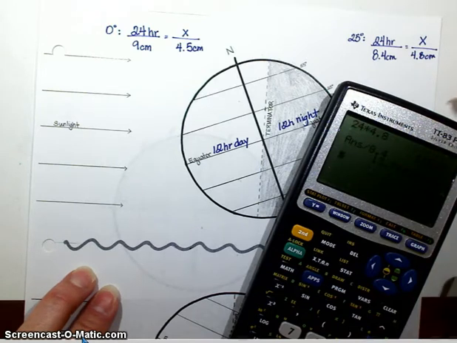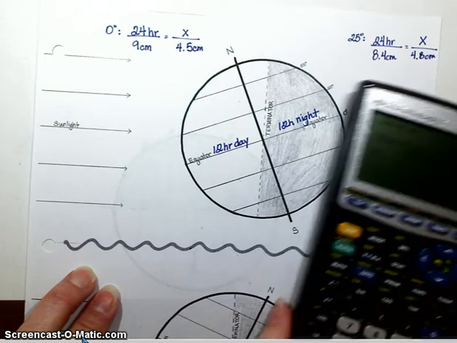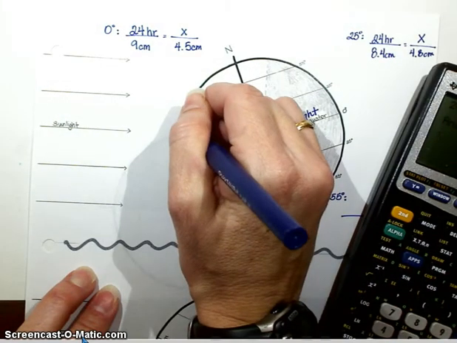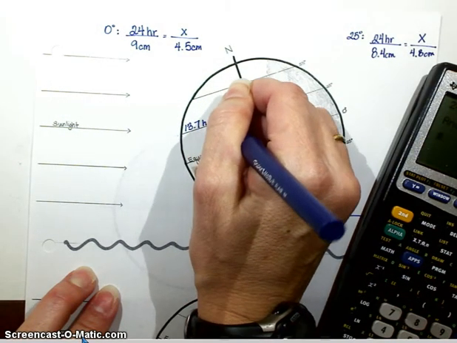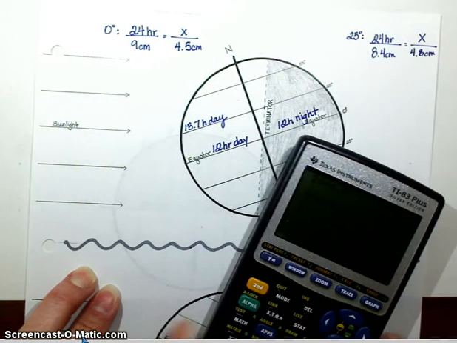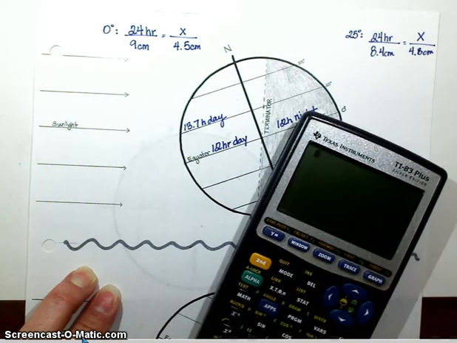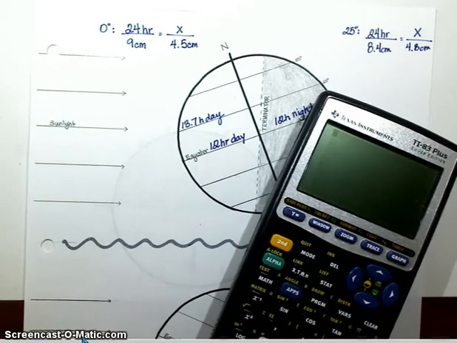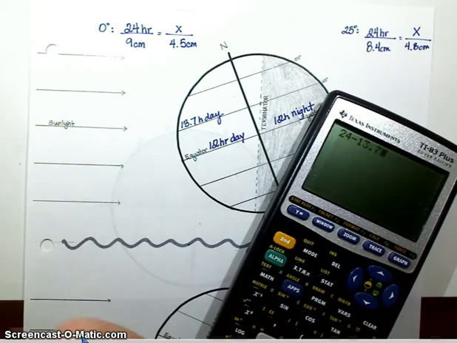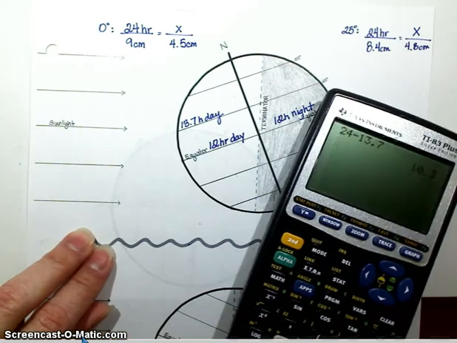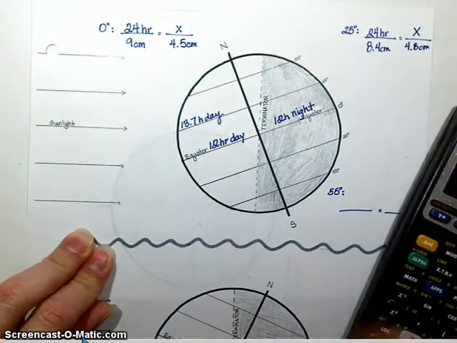And you get 13.7 hours of day. How would I get my nighttime? 24 minus 13.7. And that is 10.3 hours of night.